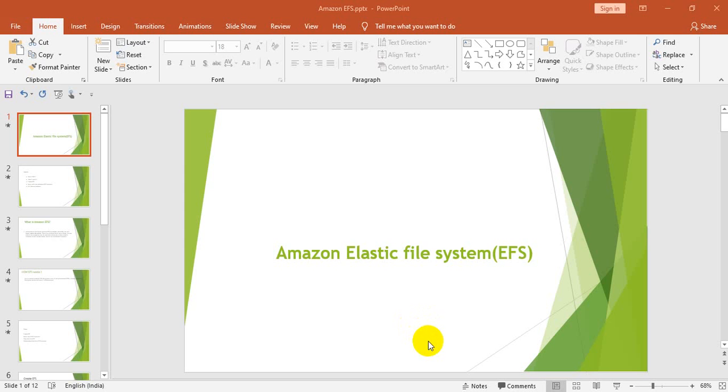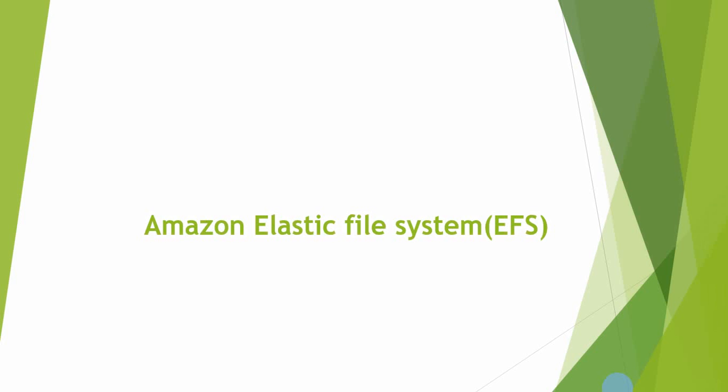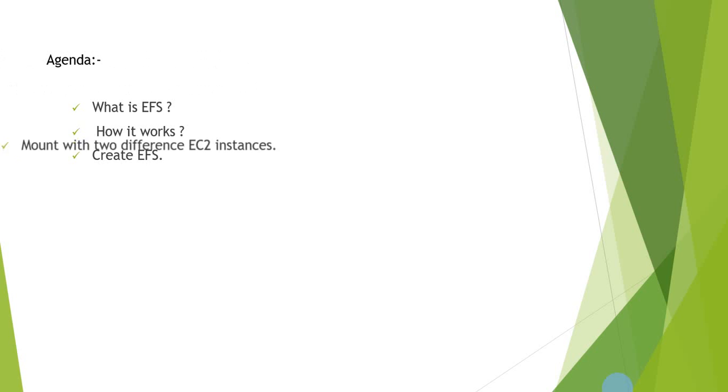So today I have created some slides so that you can easily understand what Elastic File System is. Let's discuss it. Okay, here we go. We will discuss Amazon Elastic File System, which is called EFS. Today's agenda: first, what is EFS; second, how it works and how we can create the Elastic File System.